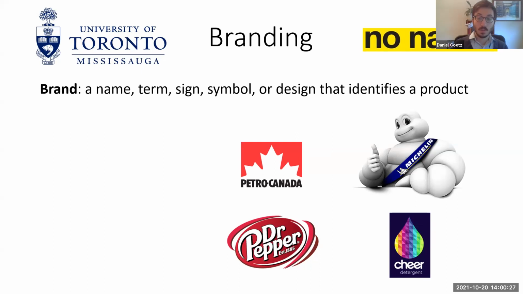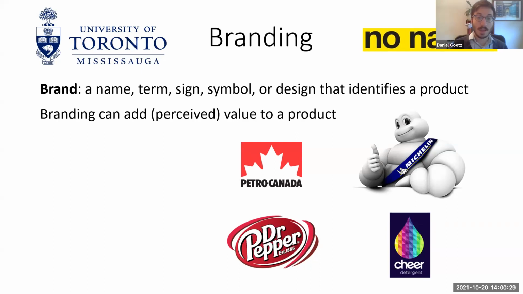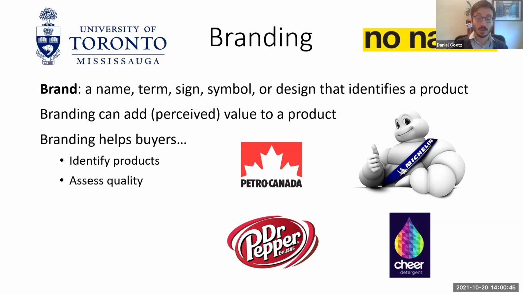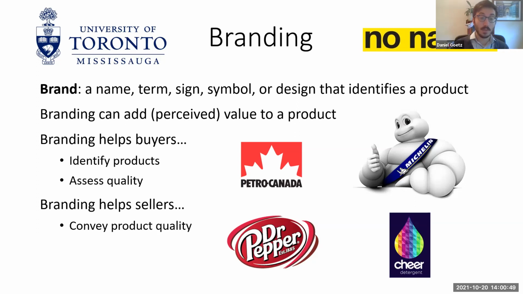Branding can add perceived value to a product, conveying information about the product and its value in that way. Branding typically helps buyers to identify products and to assess product quality, and it also helps sellers by conveying product quality and by providing legal protection for the seller against imitators, right?